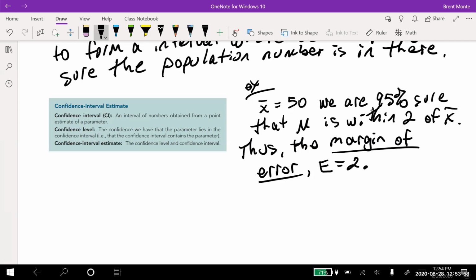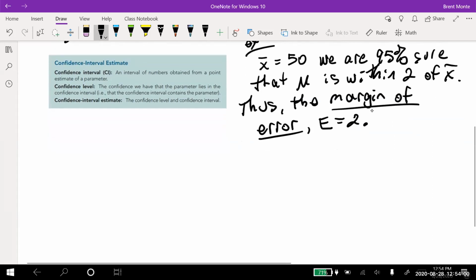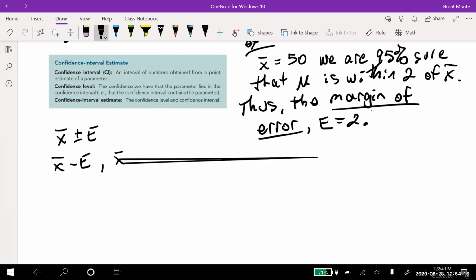So let's build that. Here's what we do. We take this X bar and then we add or subtract the margin of error to figure out what my actual confidence interval is. So we go X bar minus E to X bar plus E. In our case, this would be 50 plus or minus 2.